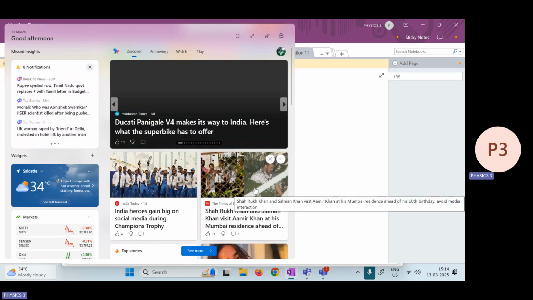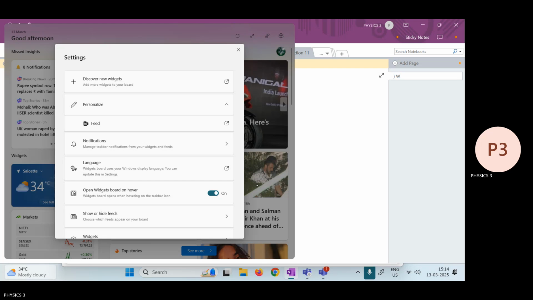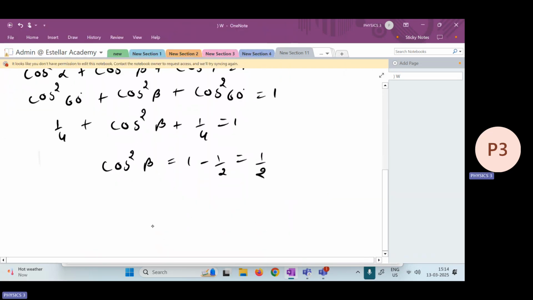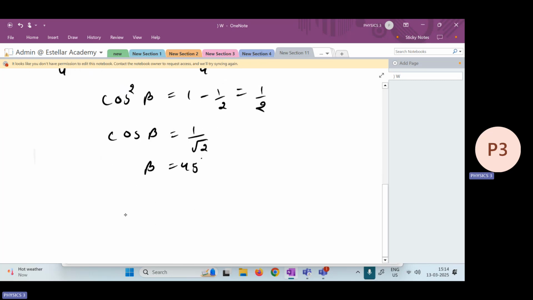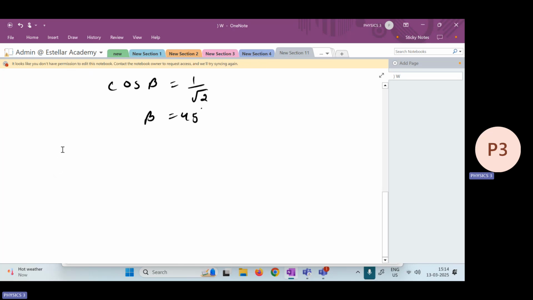So from here we can write cos beta as 1 by root 2. So beta we can write is 45°. Now we have to write its vector.